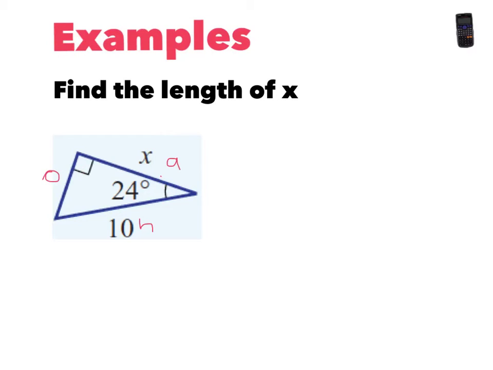Now, what have I actually been given? I'm going to write SOHCAHTOA. I've been given a marked angle, a hypotenuse, and an adjacent. A marked angle, cool, I can do something. Which one of these deals with a hypotenuse and an adjacent?